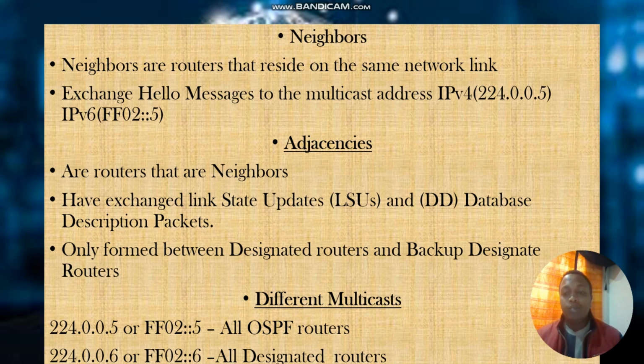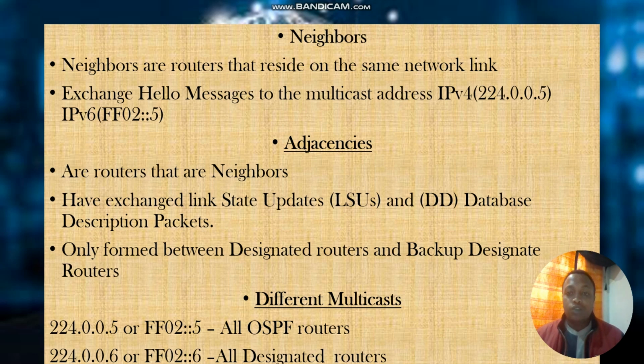Neighbor routers exchange hello messages to the multicast address 224.0.0.5. So neighbors will send hello messages saying that I'm in this area, so keep information about that.